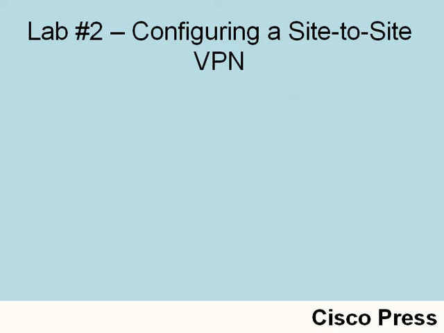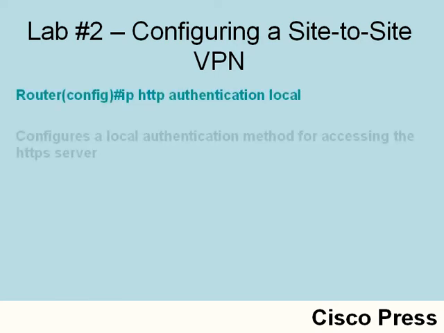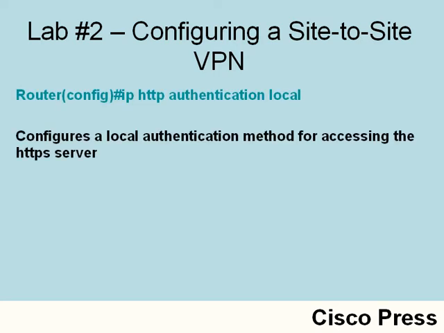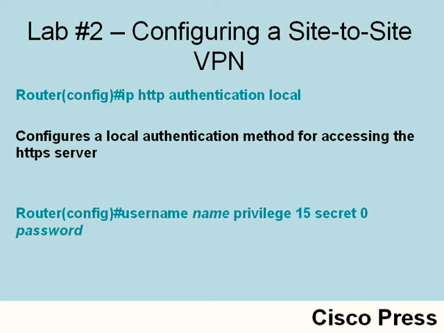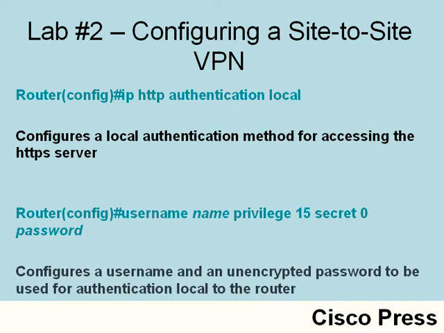Once we do that, we need to specify that when someone is connecting to this router via the web server, the way we're going to authenticate them is using local authentication. In other words, we can give a username and a password locally in the router's configuration that can validate an incoming secure HTTP session. In order to set up one of those username password combinations, we can use a command such as this.